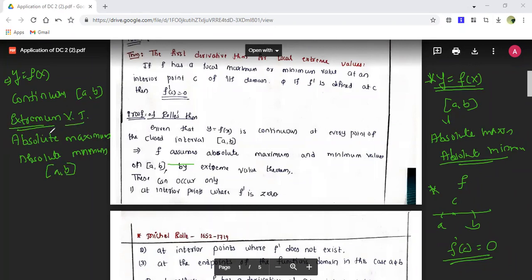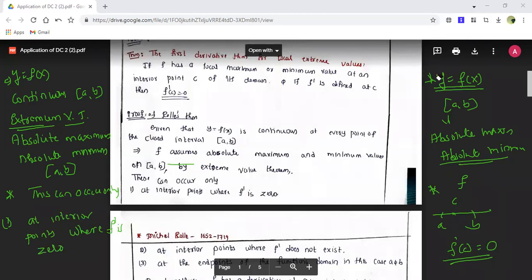This absolute maximum and absolute minimum can occur, or this is possible, only under three conditions. What are the three conditions? First, it is possible at interior points where f dash has to be 0.